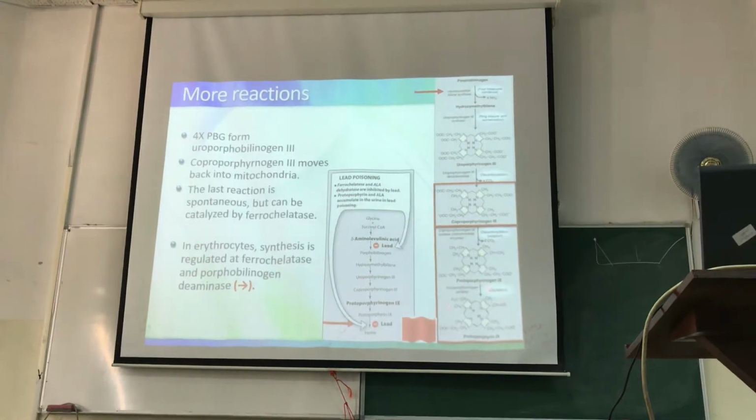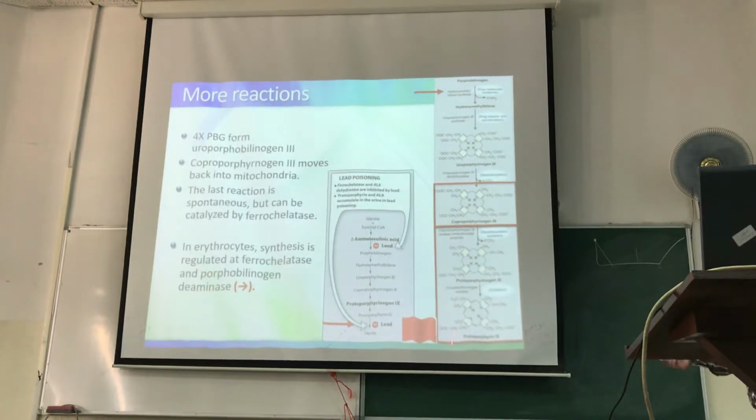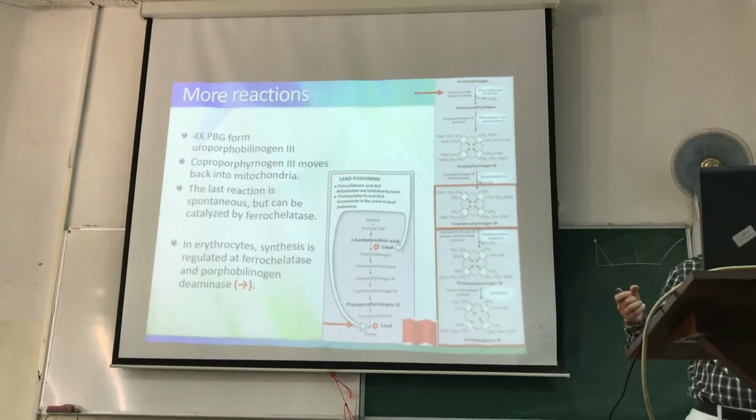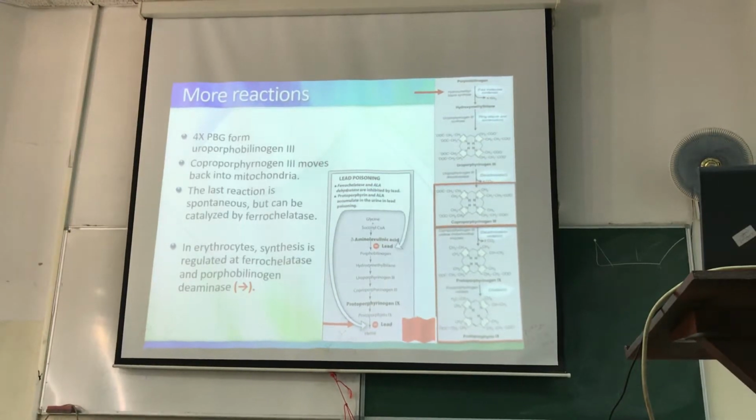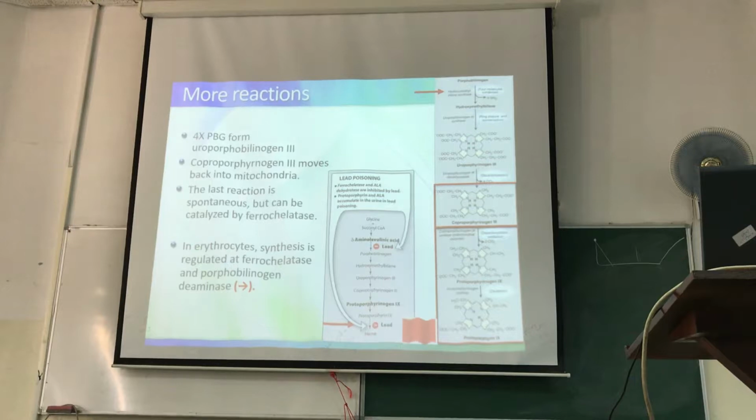Now, protoporphyrin, that's why I put the red flag here, is the reason why blood looks red, because it absorbs light in the red wavelength. Okay? What else? The last reaction is spontaneous, but it's catalyzed by ferrochelatase.